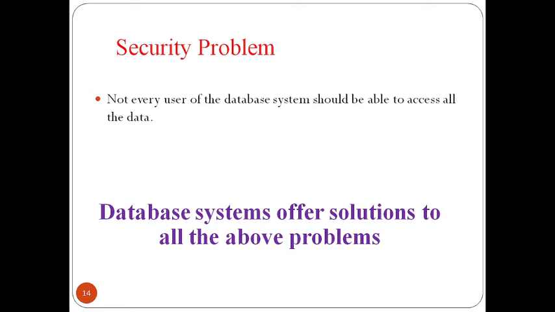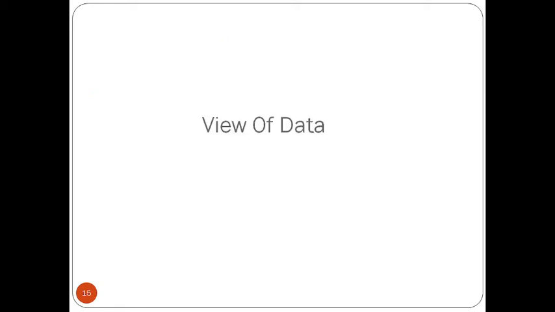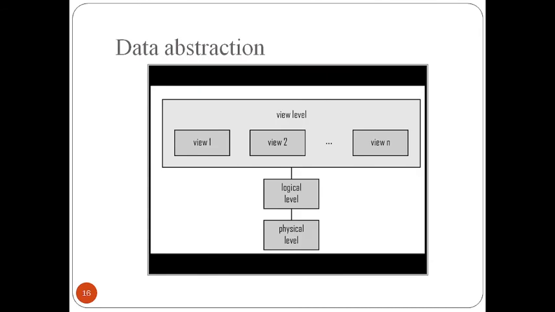So these are the various problems we have seen that are likely to happen when we use the file system, and that are solved by database management systems. How they are solved, we will see in the next session, but first we will see the views of the data.